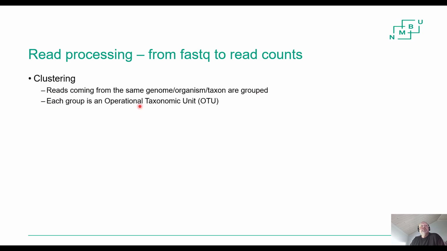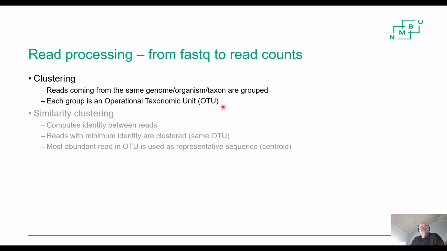And each such group I now refer to as an OTU, Operational Taxonomic Unit. That's a standard phrase for each group, right? Each group is an OTU. So reads coming from the same origin, you could say, should be grouped.